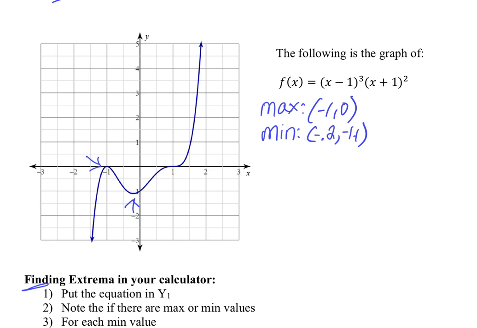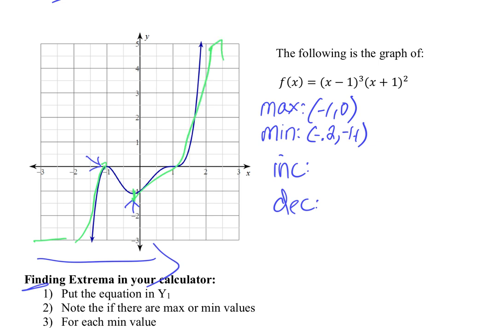Isn't that fun? All right, so we want to do increasing and decreasing. So if we do increasing, we're going from left to right, where the graph is going up. So the graph is going up from here to here, and the graph is going up from here to forever.